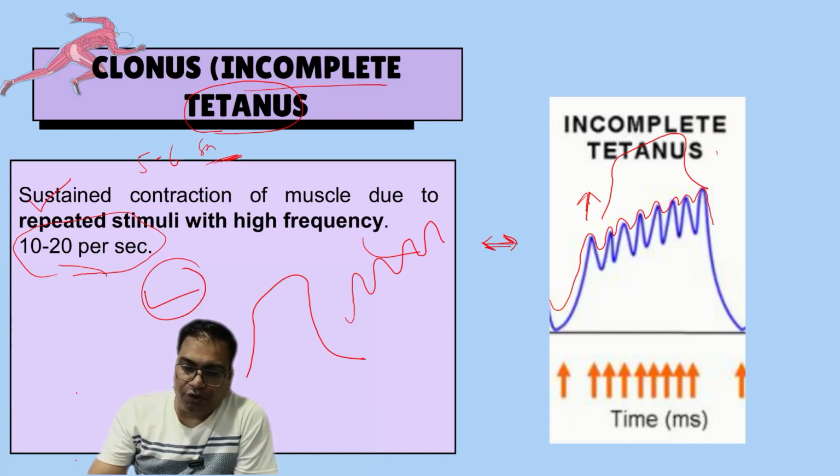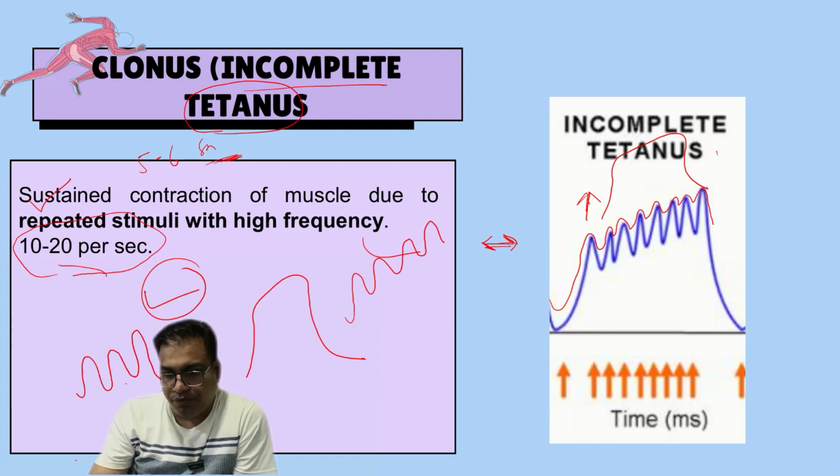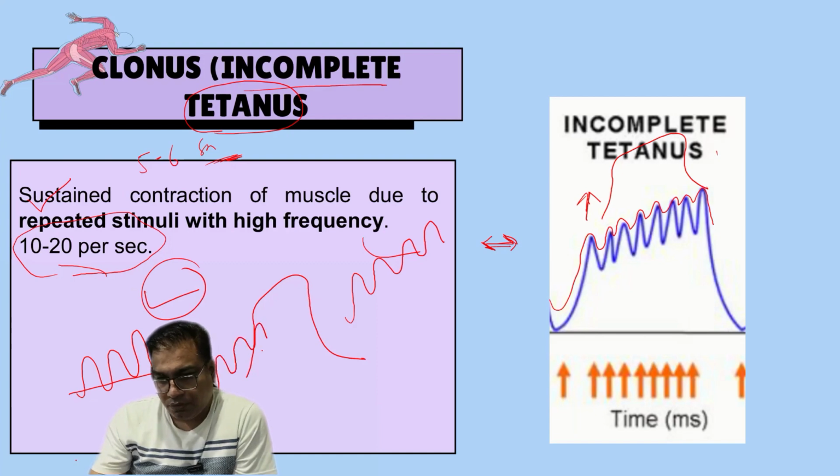In case of Treppe phenomena, this was the graph observed. In case of summation, and if we increase the frequency further, then we will achieve such a graph, and we call it incomplete tetanus or clonus.